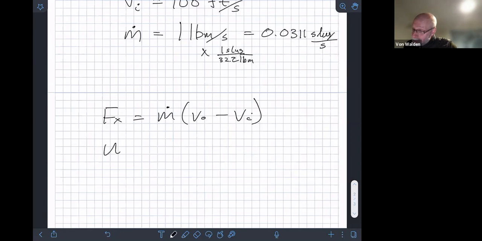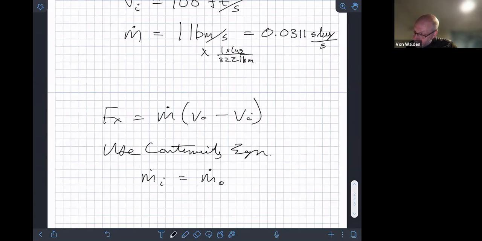Using the continuity equation, we're going to have m dot in equals m dot out.